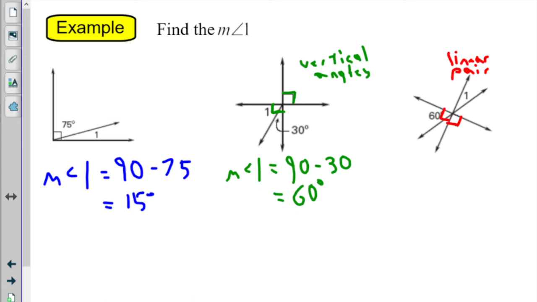And now I can determine that this angle here, since that was 60, this is going to be 30. So to get the measure of angle 1, how's this angle going to help me get this angle? What kind of angles? Vertical angles again. Which means that they need to be the same. So this angle is also 30. Questions there?